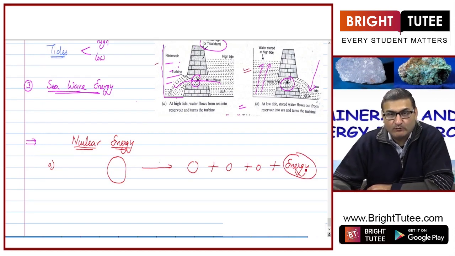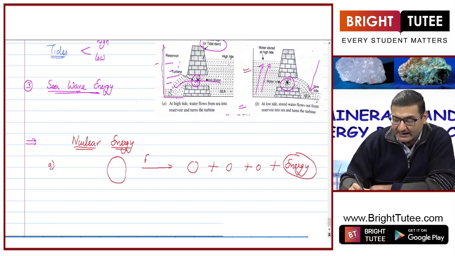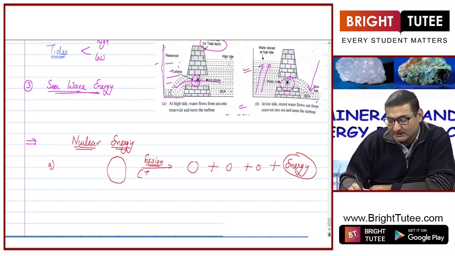This is nuclear energy. And this process in which we are splitting up a heavy nucleus into smaller nuclei is known as nuclear fission process. Fission means to split up, to break up.